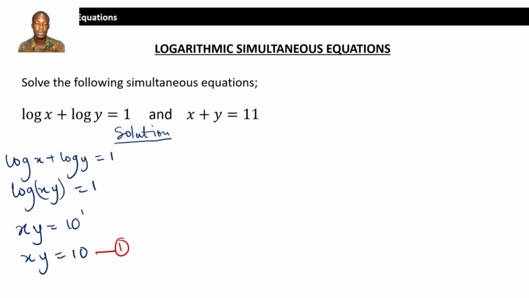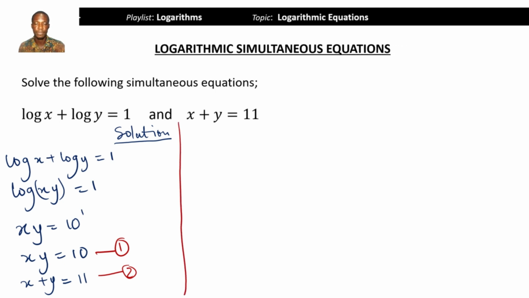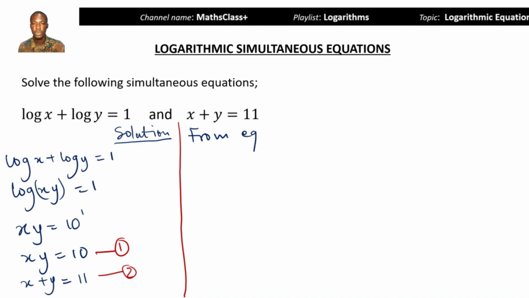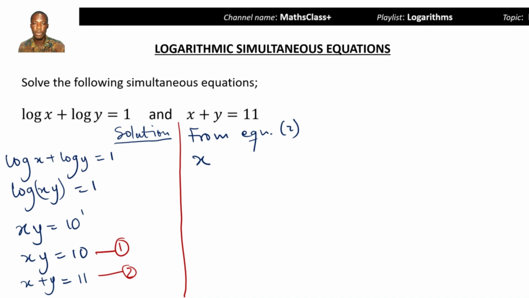Then we will take x plus y equals 11 as our equation 2. So we have these two equations to solve simultaneously. What I will do is, from equation 2, I want to make x the subject, and that will give me x is equal to 11 minus y.